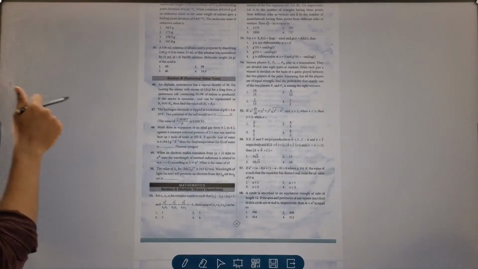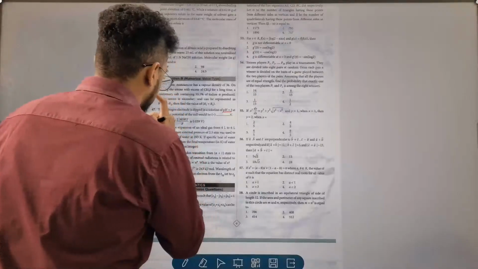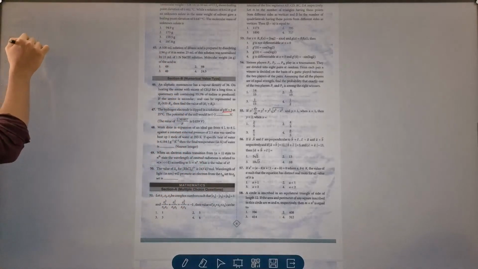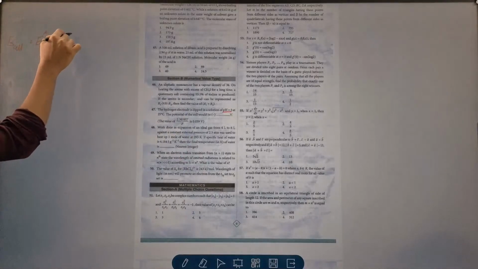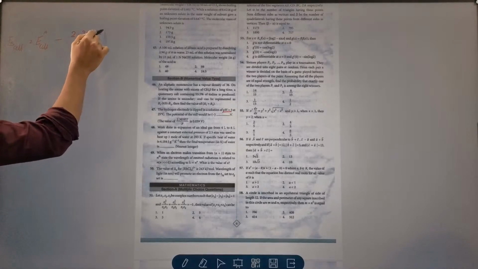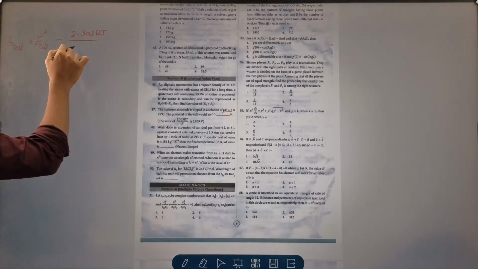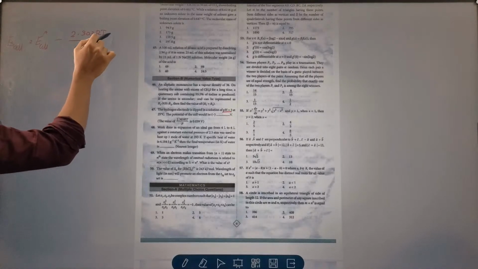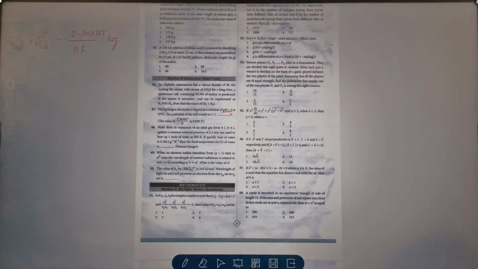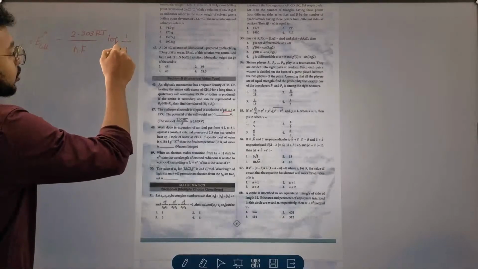So a hydrogen electrode is dipped in a solution of pH equal to 3 at 25 degrees Celsius. The potential of the cell. So E cell is equal to E0 cell minus 2.303 RT divided by NF log of the concentration. Here, this is a hydrogen electrode, so it is 1 by H positive.